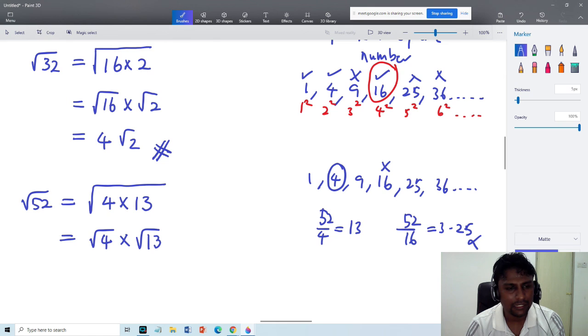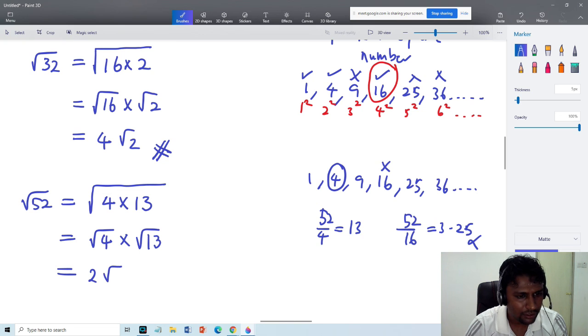Definitely the square root of 4 is 2, and then square root of 13. So we get the answer.